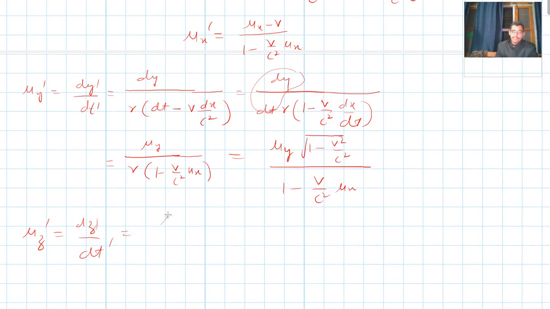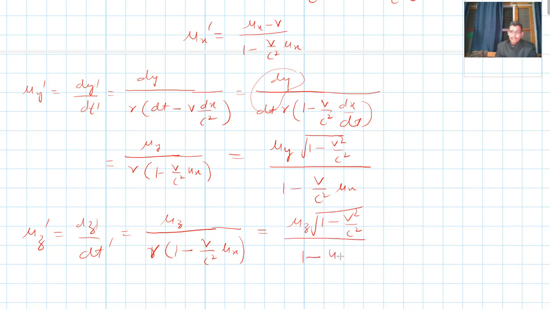Similarly it is uz over gamma times 1 minus v ux over c square, which is equal to uz times the square root of 1 minus v square over c square, upon 1 minus ux v over c square. So these are the results.